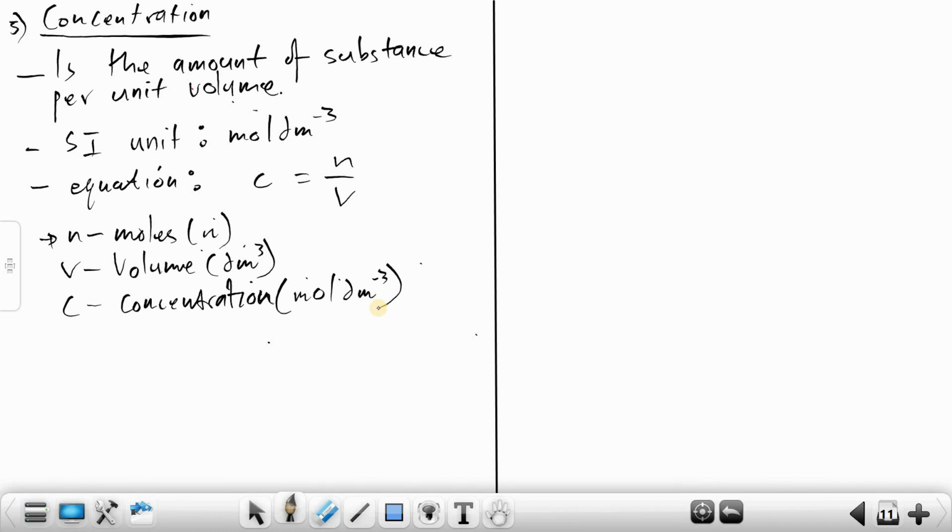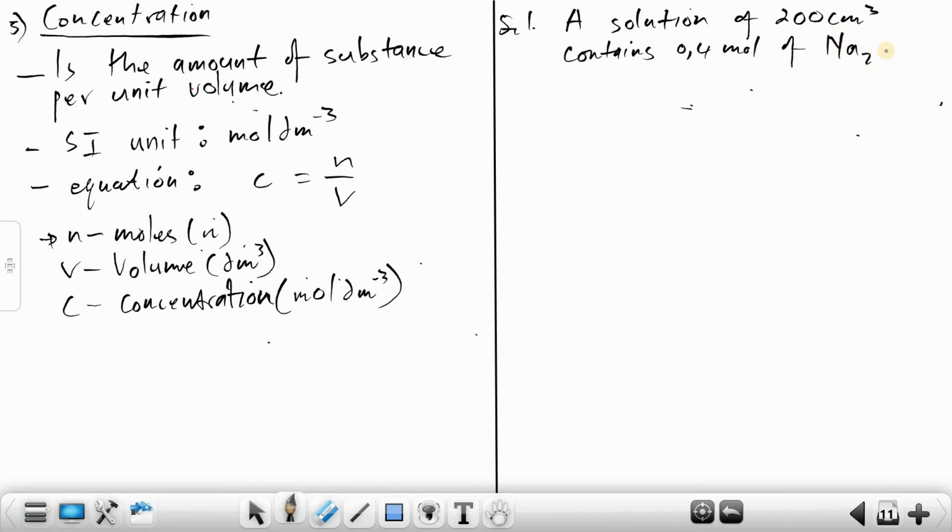Fine. So can I use this in order for me to calculate the number of moles and other things moving forward? It says here, now let's make this one 5.1. It says a solution of 200 centimeter cubed contains 0.4 mole of sodium carbonate.